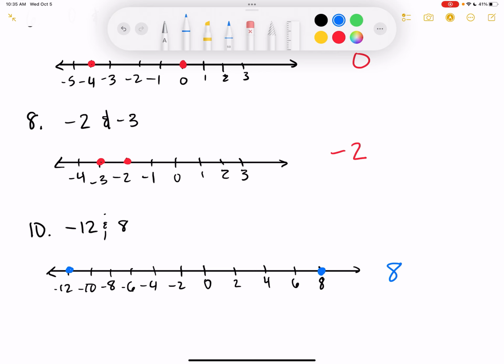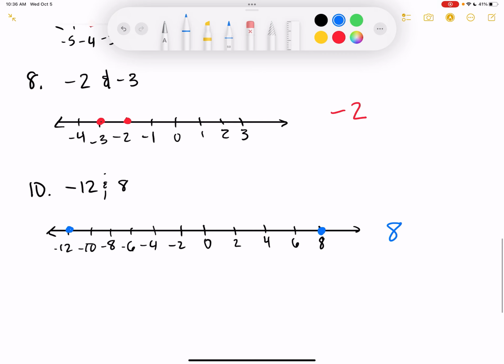So even if you wanted to, you could just say positive or negative integer instead of whole number. If you want, I don't care one way or the other how you want to do it. And then it wants us to order them from least to greatest. I think the easiest way to do that is just to mark them on a number line, honestly. So I think we should just keep with that trend.